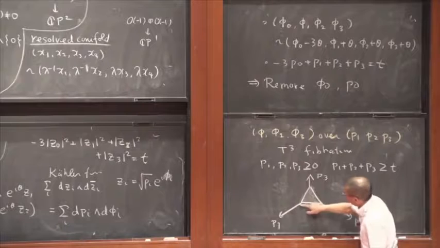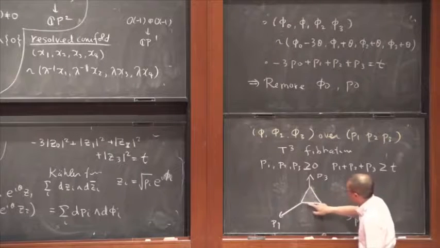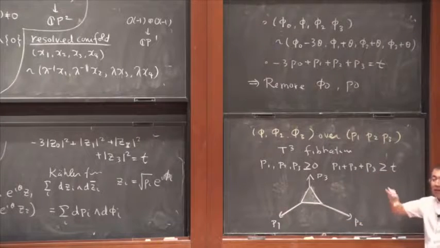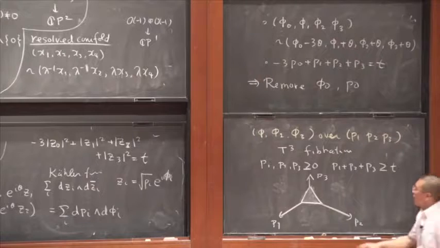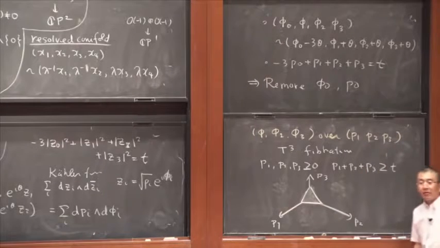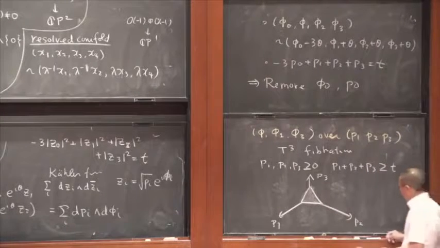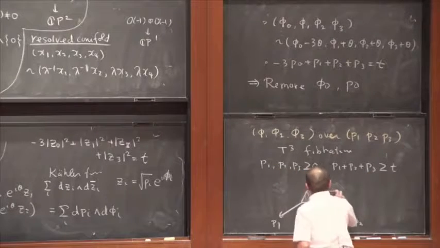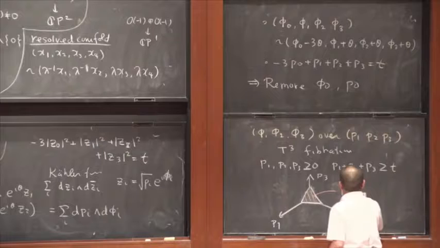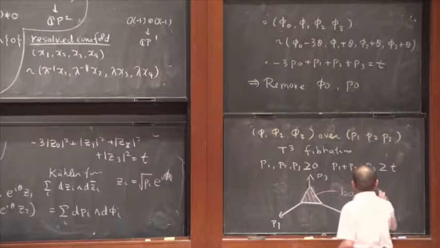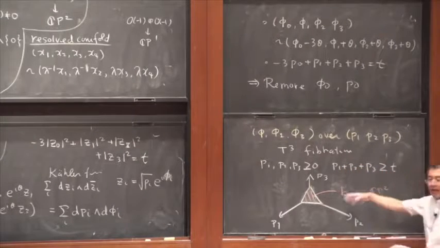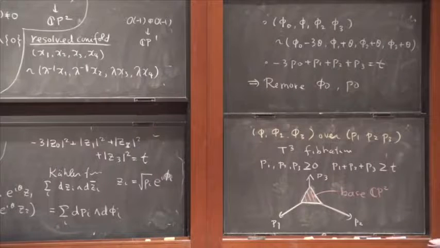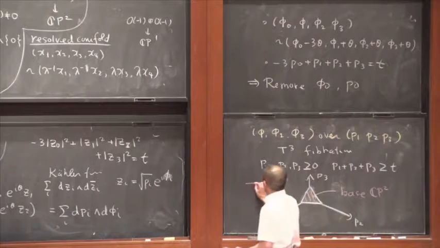If you have a line here, on each one of these lines, 2 cycles degenerate. And on this corner, 3 cycles degenerate. And here, you have a base P1, P2. So therefore, this diagram captures the geometry of the T3 fibration, and this is called a toric diagram.